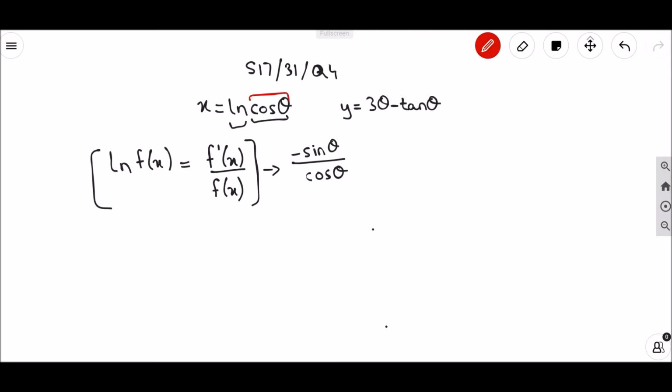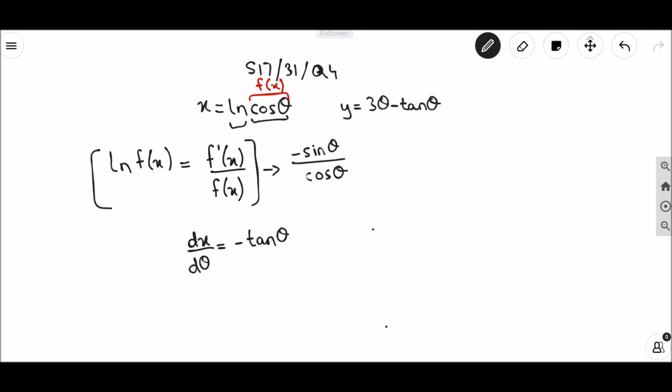This part is our f(x) in this case. Now, sine over cos is the same as tan theta, so it will become minus tan theta. So dx over d theta is minus tan theta.